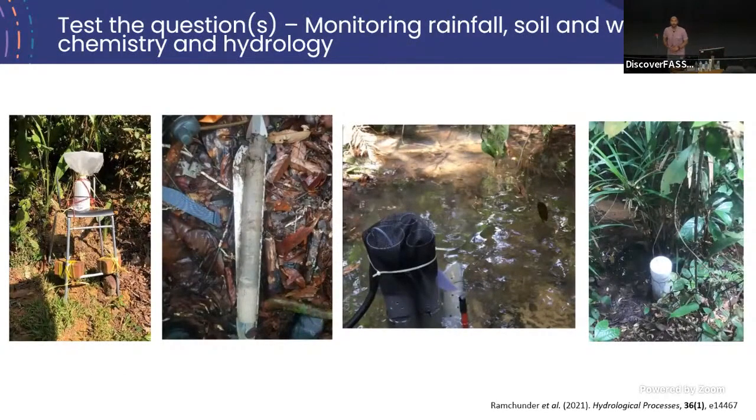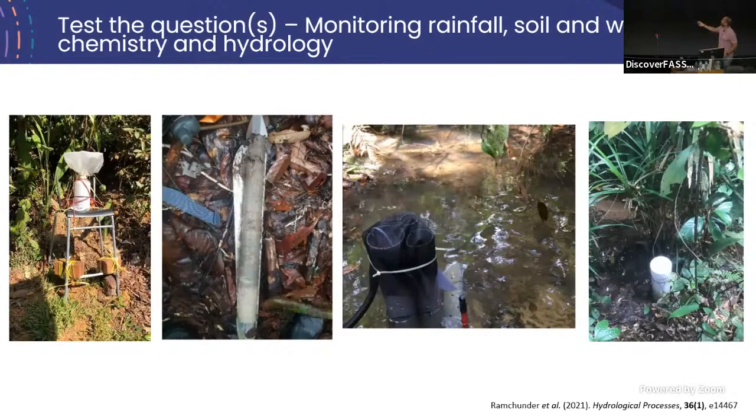We used a variety of techniques. These are all part of hydrology and hydrochemistry, a combination of two different disciplines. So we collected rainfall. As I said, depending on where the storm was coming from, it can change the chemistry. We had two rainfall gauges.